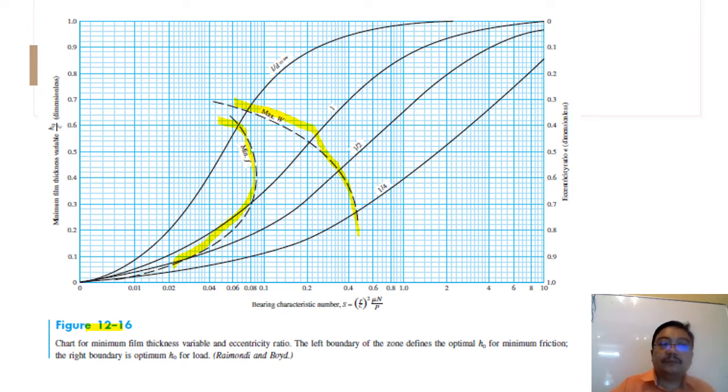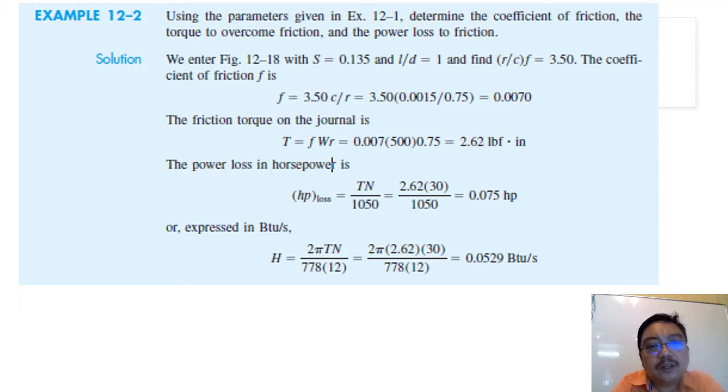Now students, in this example 12.2, we are going to learn about using figure 12.18, which deals with friction. Using the parameters given in example 12.1, determine the coefficient of friction, the torque to overcome friction, and the power loss to friction. Using all the information in example 1, the Sommerfeld number is 0.135.